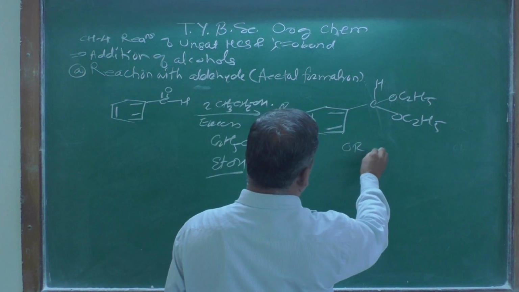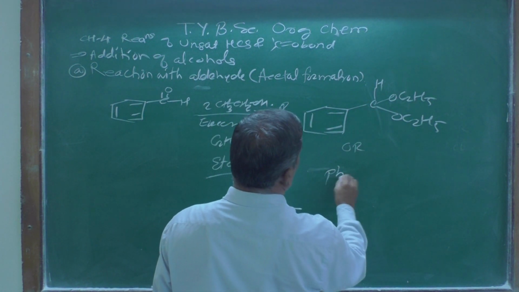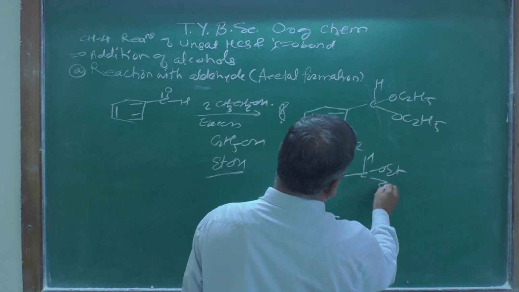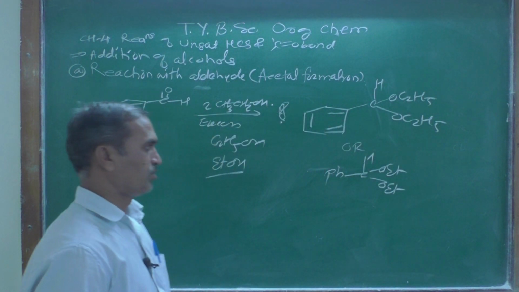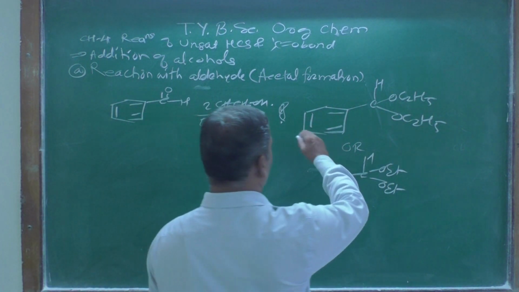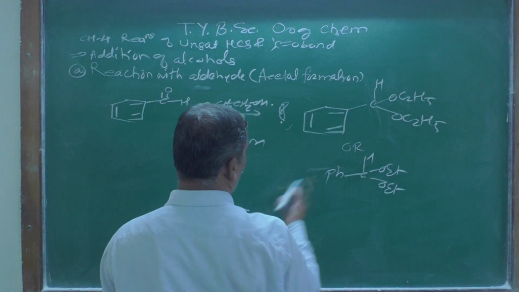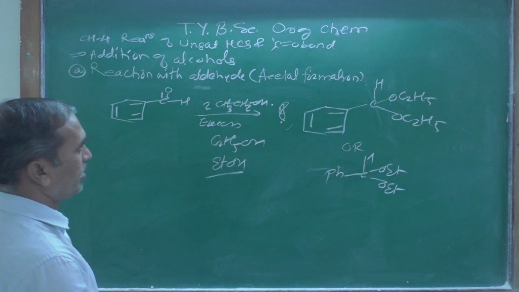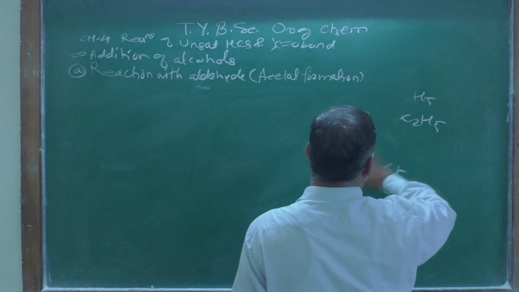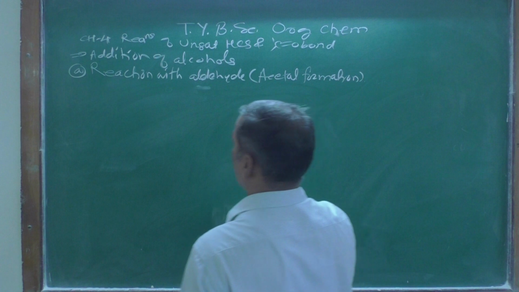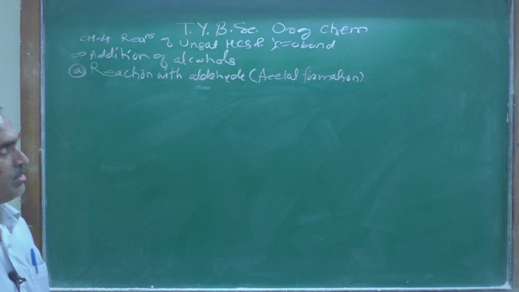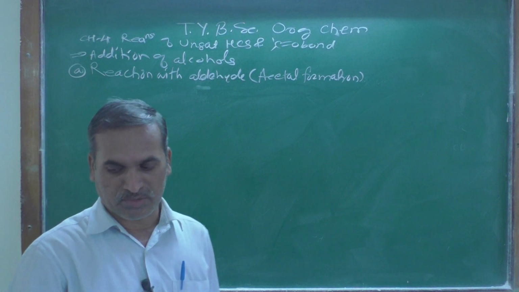Or this species we can write like this, Ph, C, H, OEt, OEt, in this fashion also. In short, it gives clarity of the compound and saves time and space. So this is the reaction with aldehyde, the acetal formation we have seen.